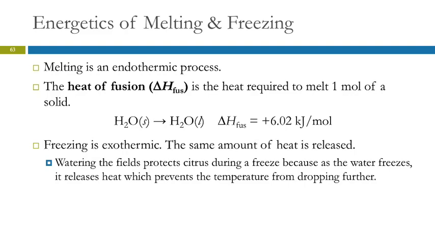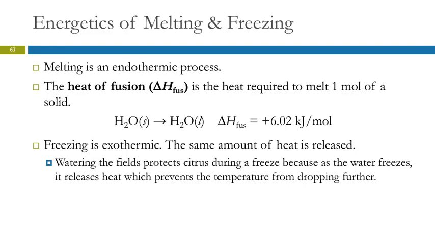So how the heck does watering your field, flooding your field, help? Well, you've got all this standing water in the field. The temperature drops. The water begins to freeze. As the water freezes, it's actually releasing some energy and keeping the temperature where the water is freezing at 32 degrees Fahrenheit, 0 degrees Celsius.